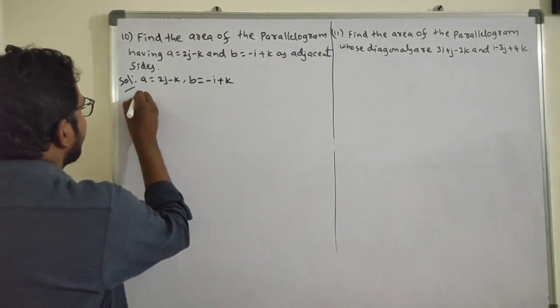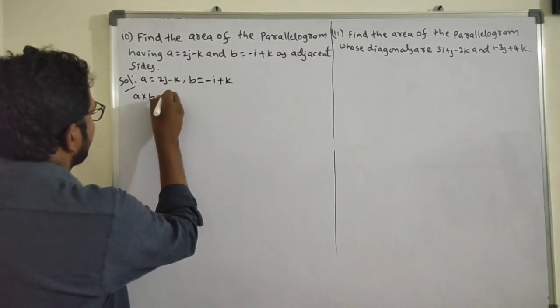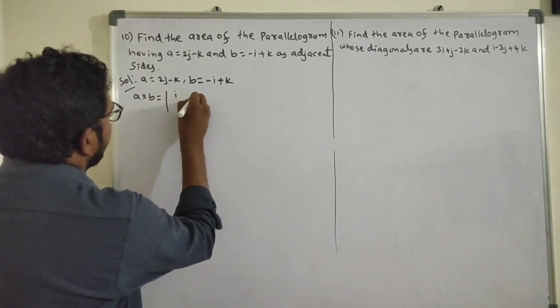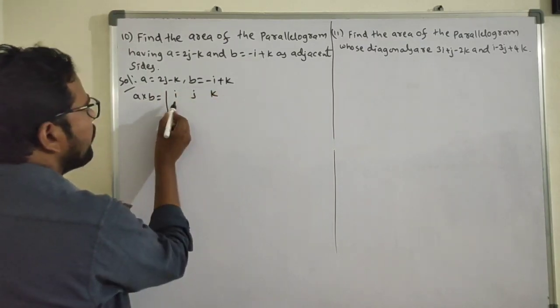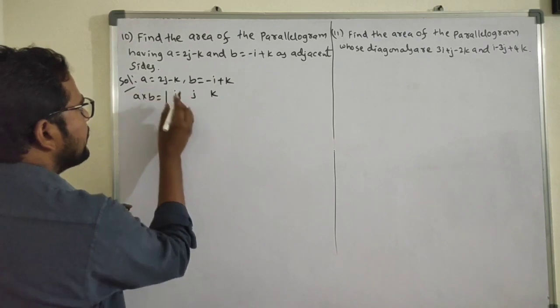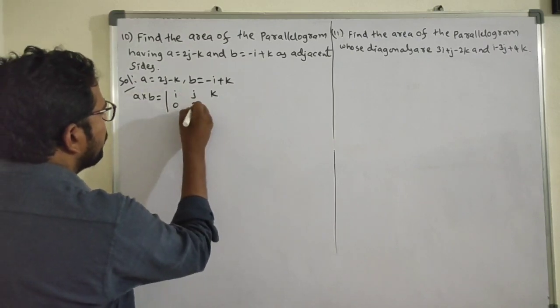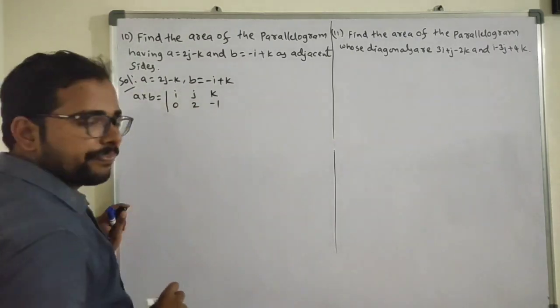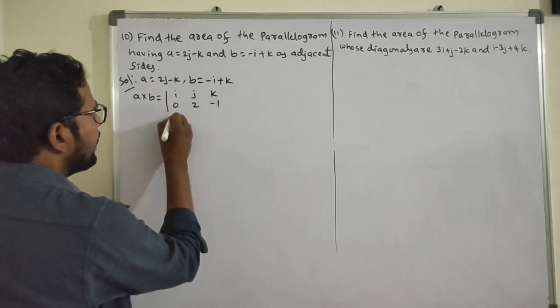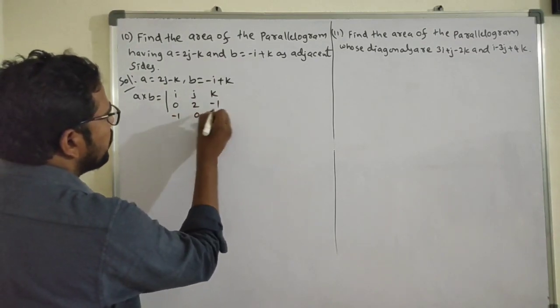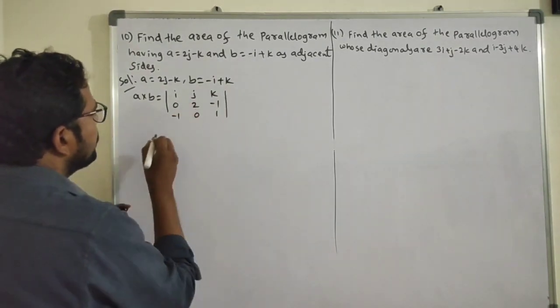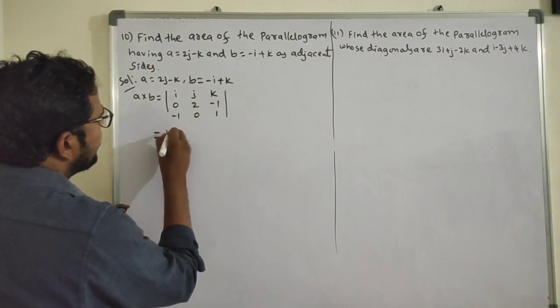Find A cross B. A cross B is the determinant of i, j, k. In the first vector, the i coefficient is 0, j coefficient 2, k coefficient minus 1. In the second vector, i coefficient minus 1, j coefficient 0, k coefficient 1. Now expand the determinant.